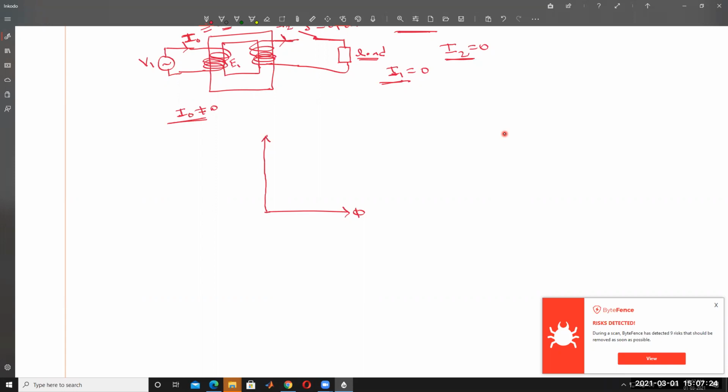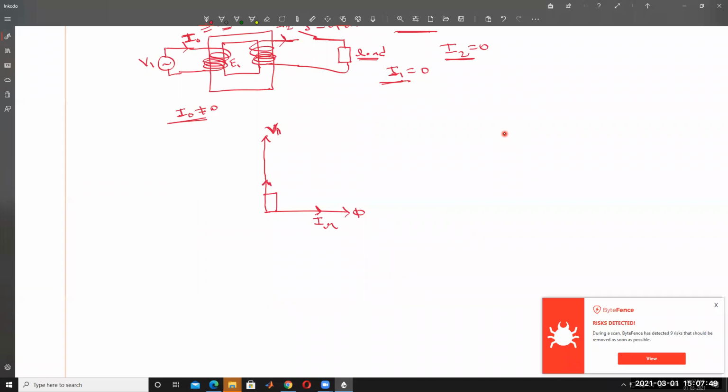V1 exactly leads the flux by 90 degrees, and this is the magnetizing current IMU. This magnetizing current is in phase with the magnetizing flux.